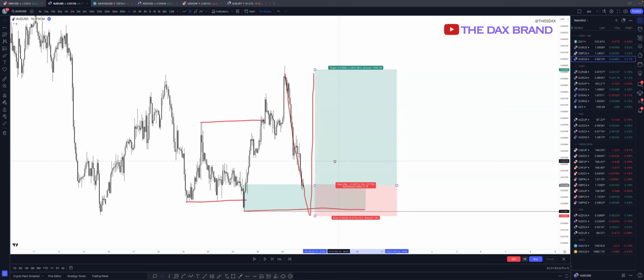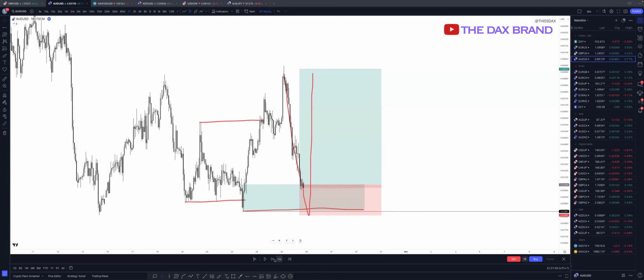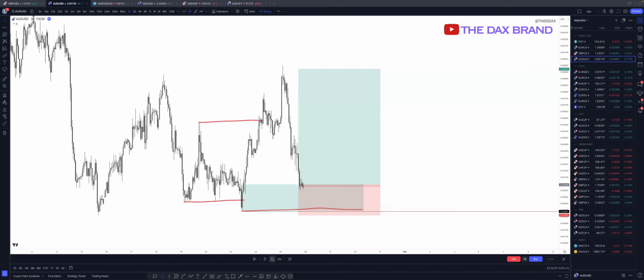Compared to every other person, they're probably in the trade already, happy that they're in a good trade. Let's see what happens. A lot of them will be happy that they're in the trade, while you're actually anticipating it because you cannot see structural liquidity. Let's look at the result.